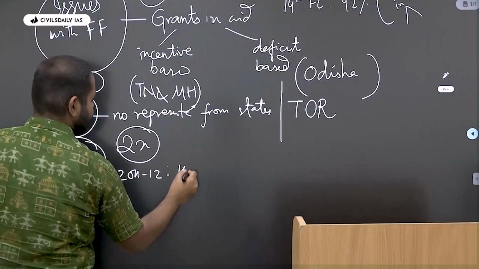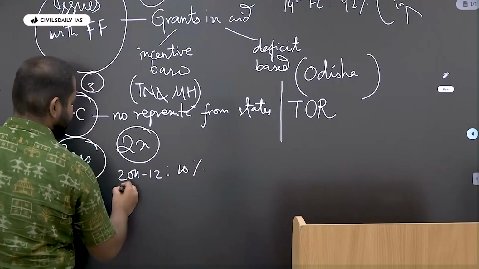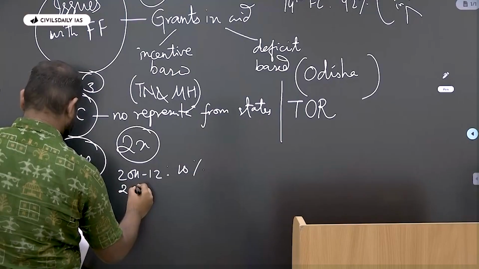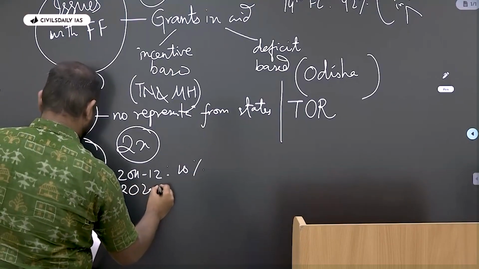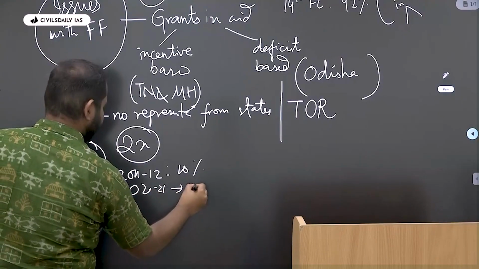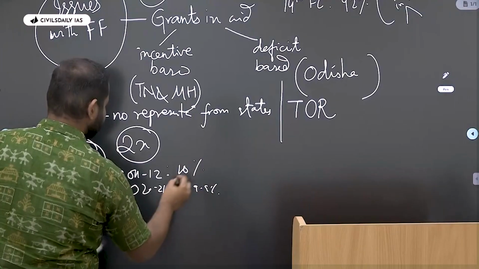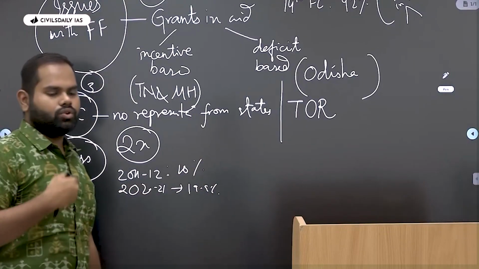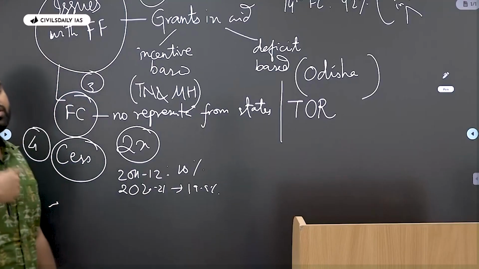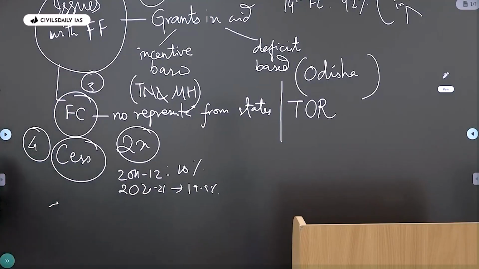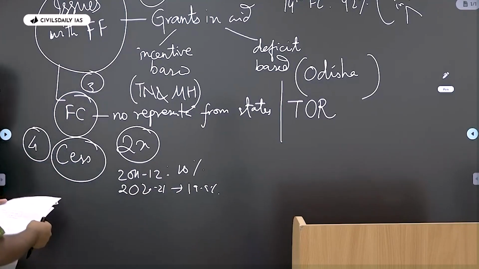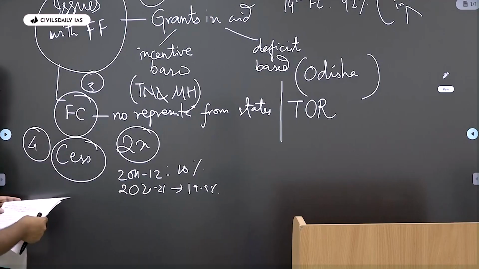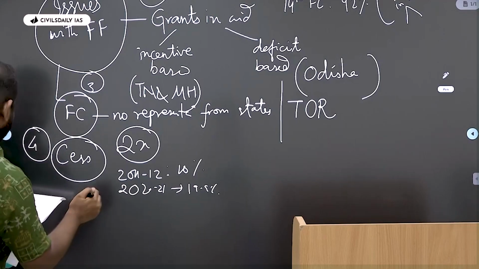It was around 10%, and now in 2020-21, it has come to around 19.9%. And cess goes to the center. So they have more taxation power in addition to the states, and that's why there is more imbalance in the fiscal autonomy here as well.